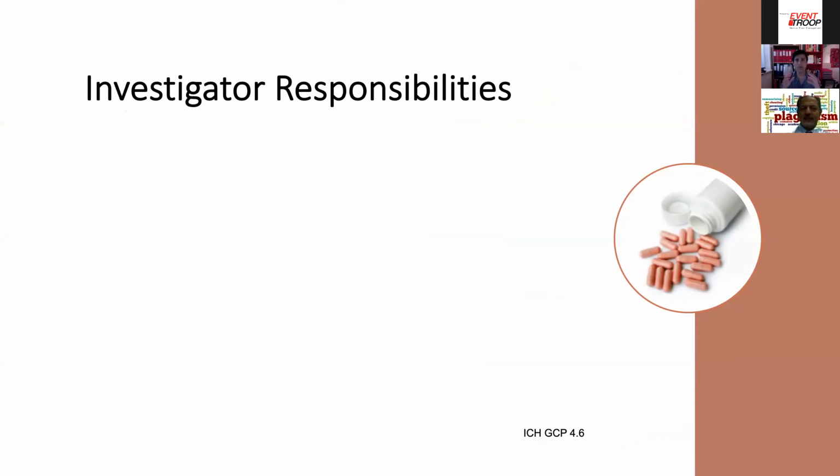So IP, what do we do with IP? Well, ICH GCP section 4.6 says, as an investigator, you have a number of responsibilities. You are responsible for the IP accountability at the trial site. So what does IP accountability actually mean?